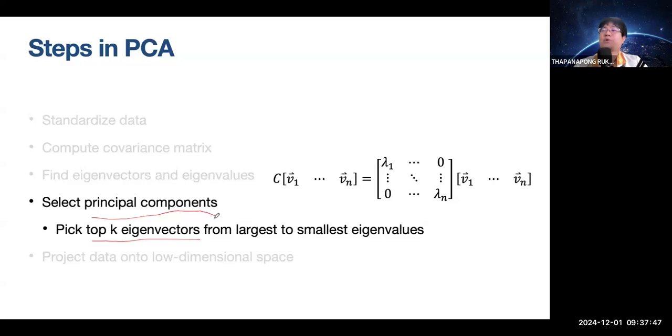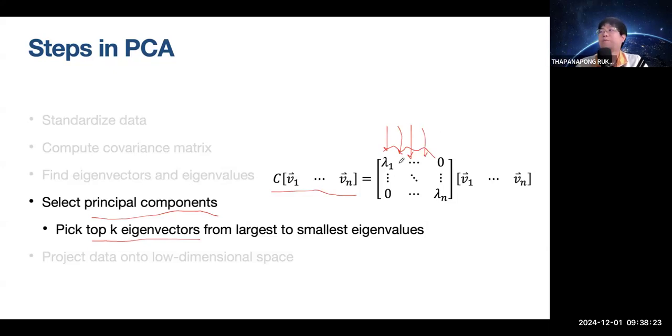Normally, the number of eigenvalues would be the same as the number of columns, but you want to reduce dimension, so you pick some subset. So in the equation, you have the C of each of the V, and you have all the lambda here, and you want to pick just some columns.